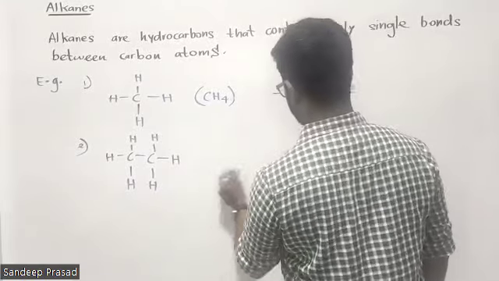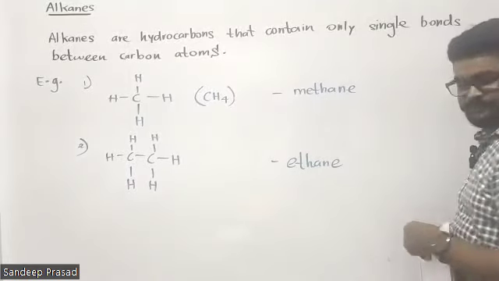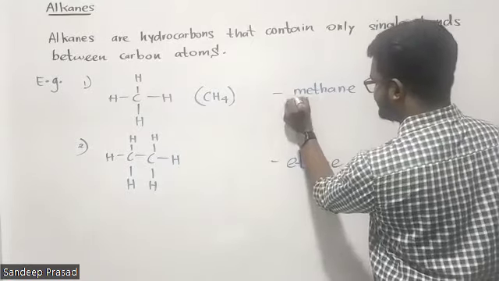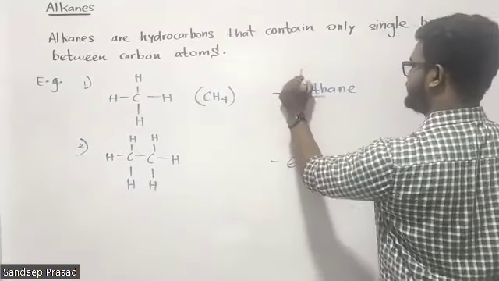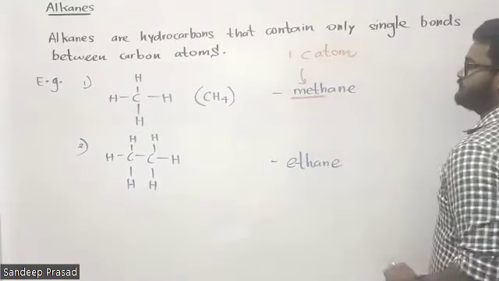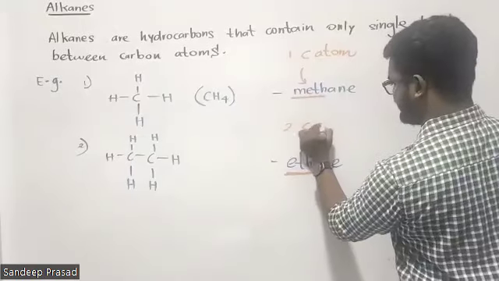This is known as ethane because there are two carbon atoms. The first alkane is methane. Meth represents one carbon atom. Eth represents two carbon atoms.